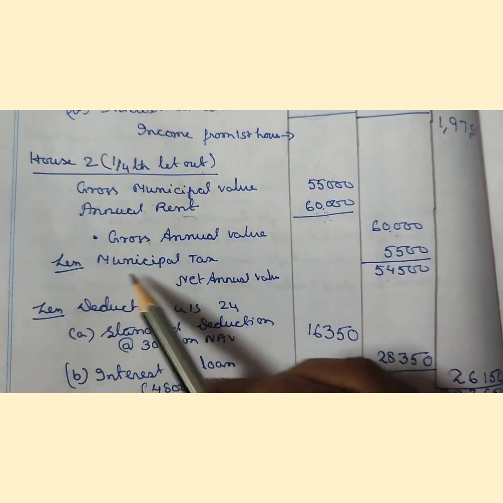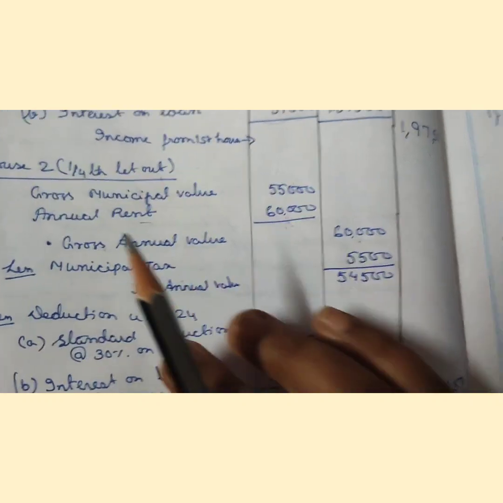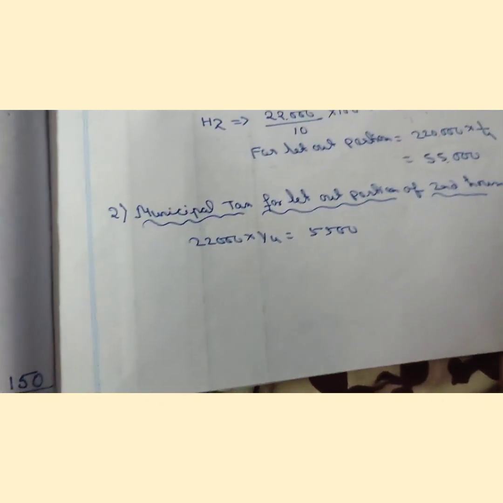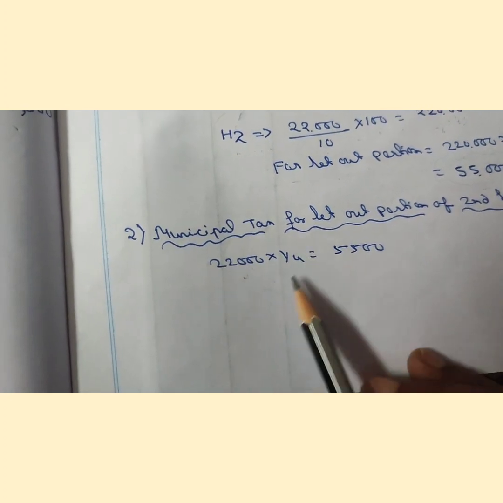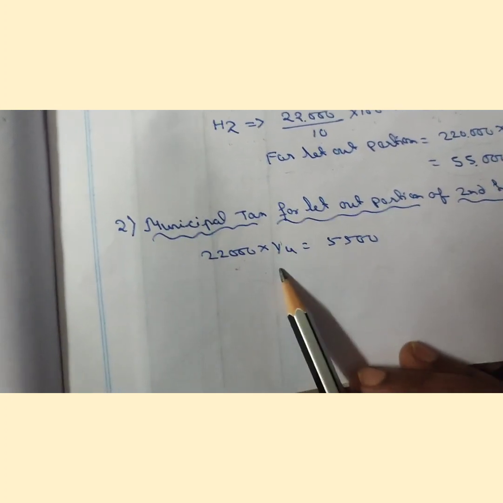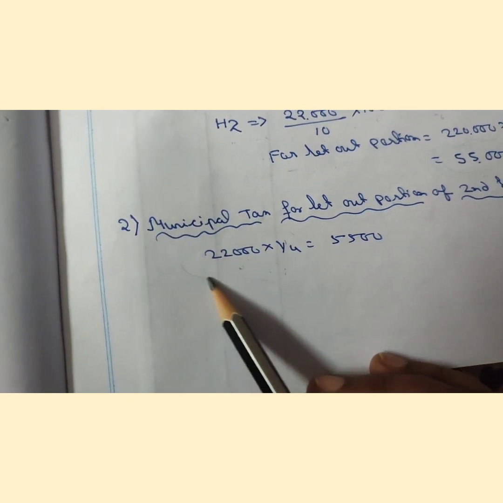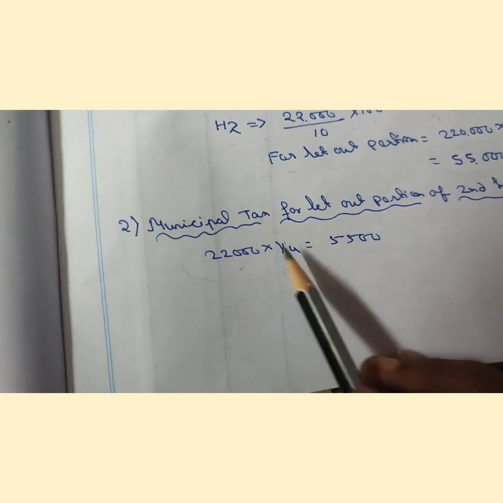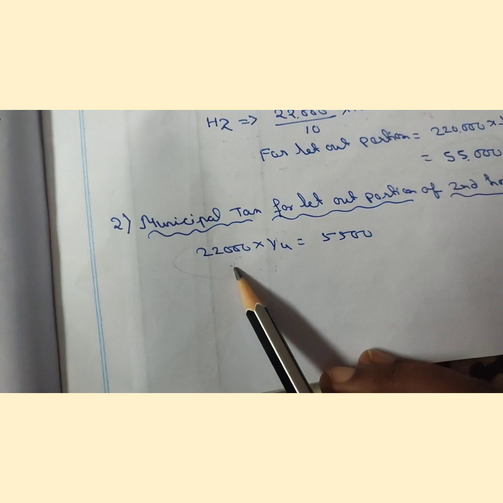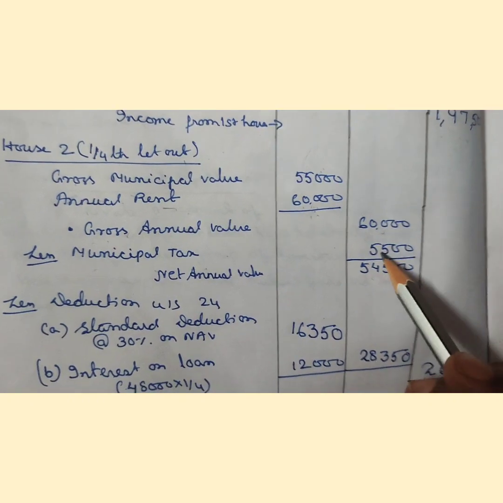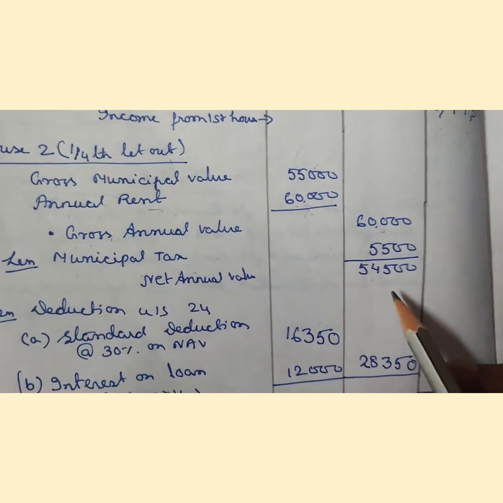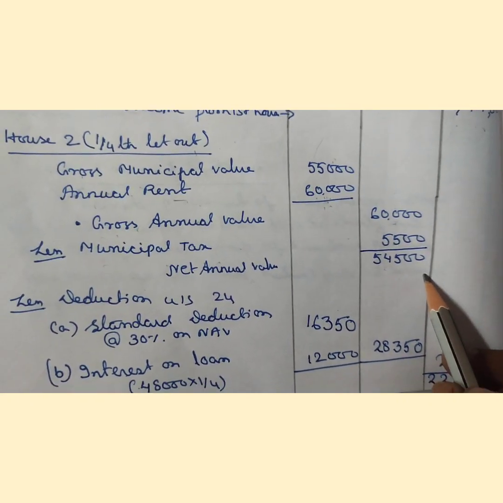From here we have to deduct municipal tax. Now municipal tax for the entire house is 22,000, but we are computing income for the 1/4 portion. So municipal tax is 1/4 of total municipal tax, that is 5,500, and 5,500 deducted from the gross annual value, net annual value came to 54,500.